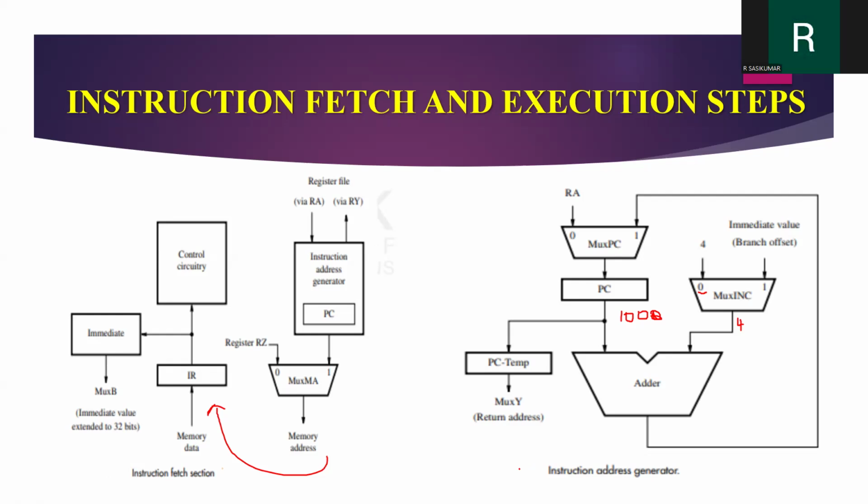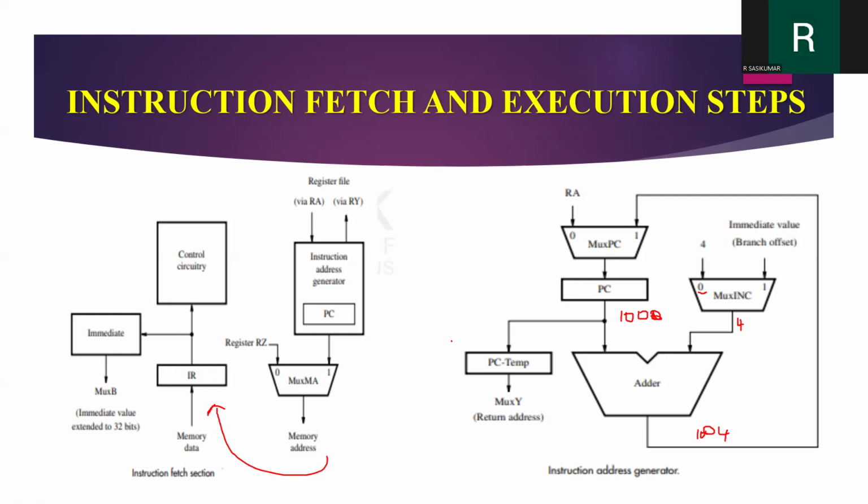With the help of the adder, 1000 plus 4 gives 1004, and that 1004 address is updated into the program counter again. Now the program counter points to the address of the next instruction.